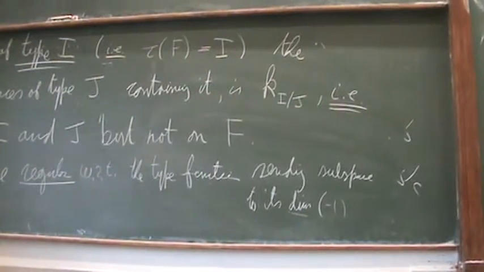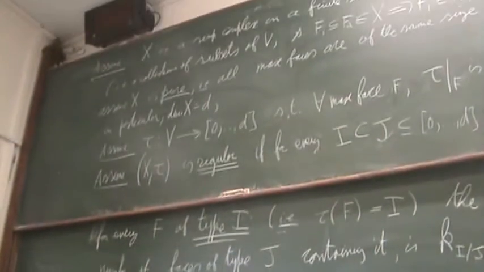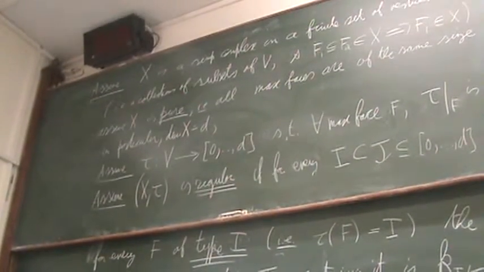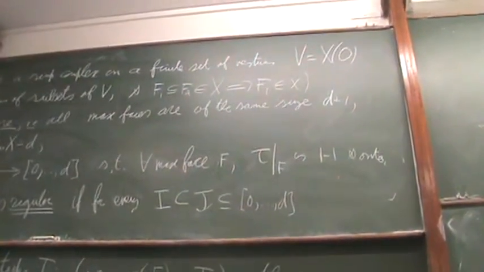Okay. So what I want to do today is define and estimate the discrepancy of a simplicial complex, which is something very important for us in the future. And this is the following.